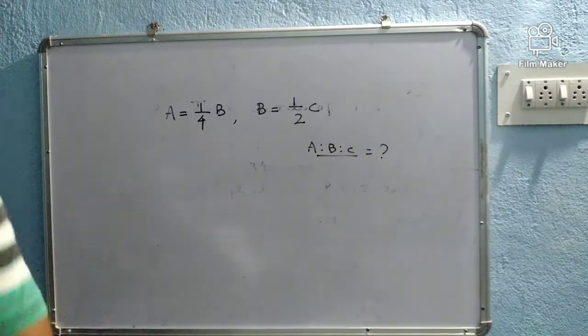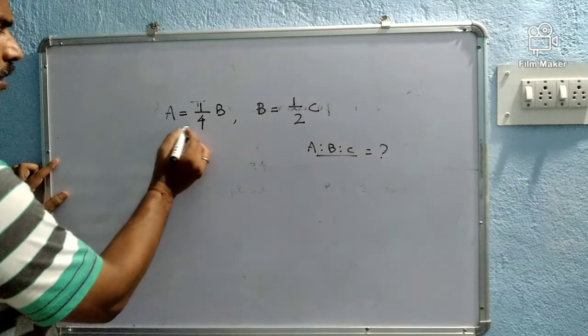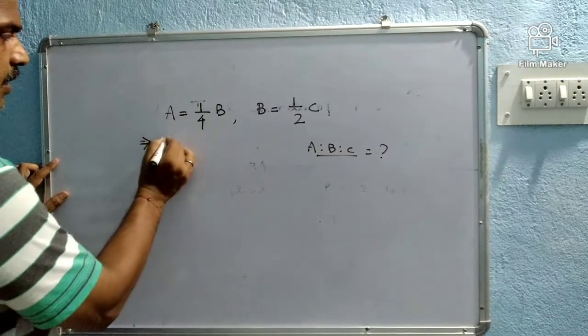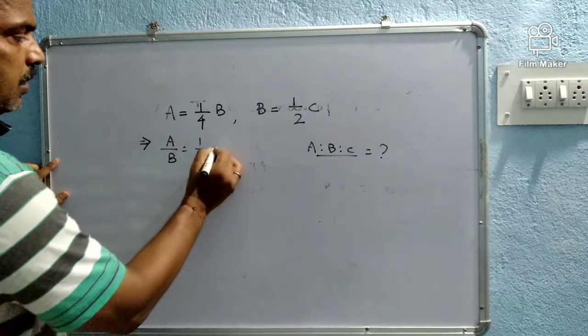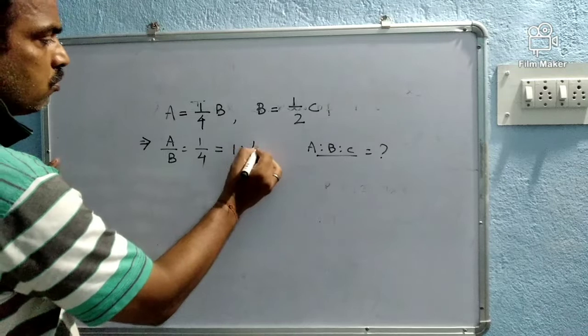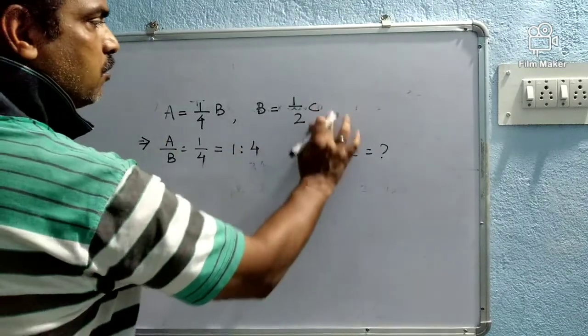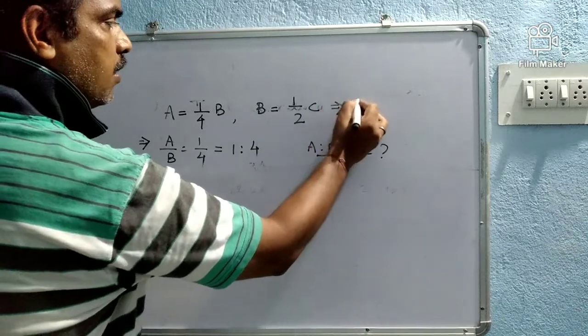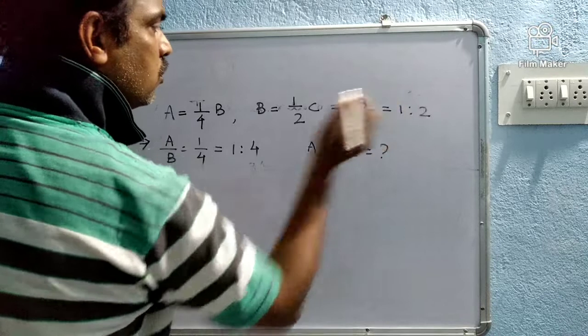So here you can know that this implies that a by b is equal to 1 by 4. It means 1 is to 4. Similarly, here b by c is equal to 1 is to 2.